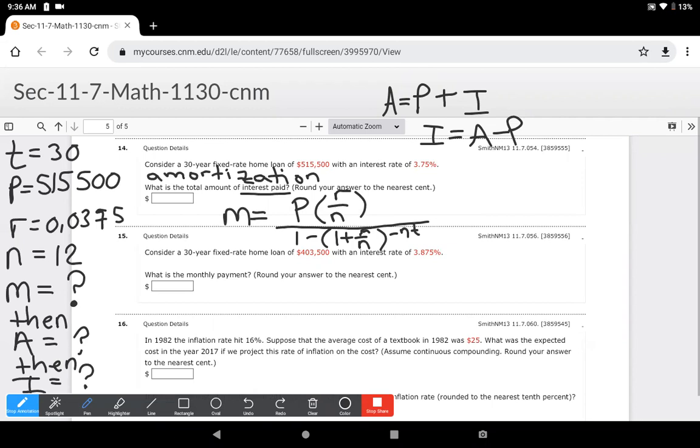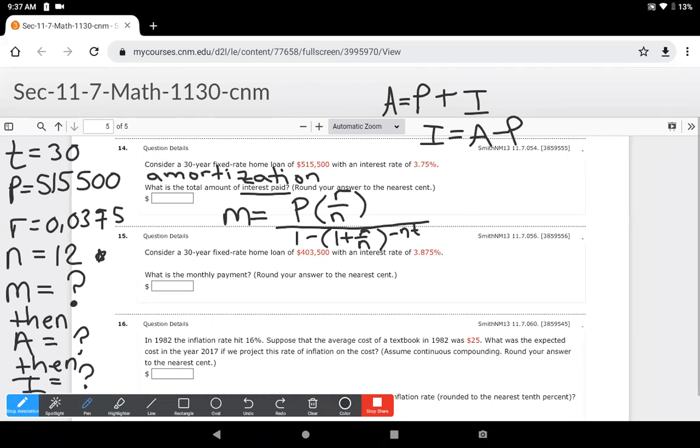And then we said N equals 12 because when you're paying off a home loan, you're paying it in monthly mortgage payments, right? So they really made us work for the information in 14.